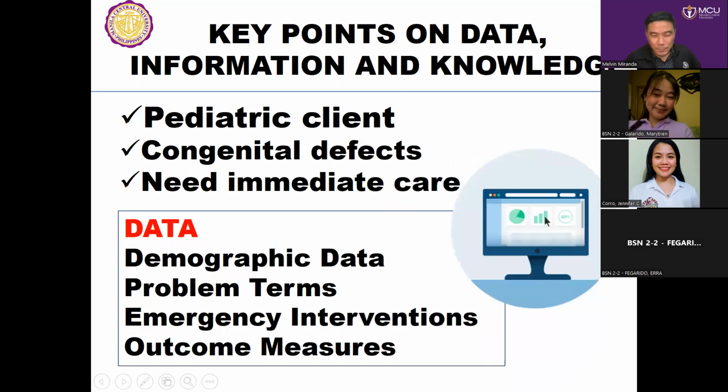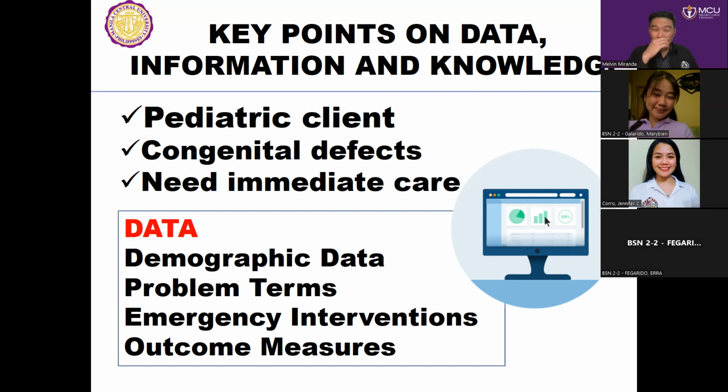Okay, now, if we will try to identify demographic data, we have identified, di ba, in general, even though we may not consider pa the age, but at least aware tayo yung range of age ng pediatric client. So pag sinabi mo lang client, ay data yan. Siyempre, it's not specified kung elder ba siya, anong population group ba siya, pediatric population, elders ba, adolescent ba, adult ba.